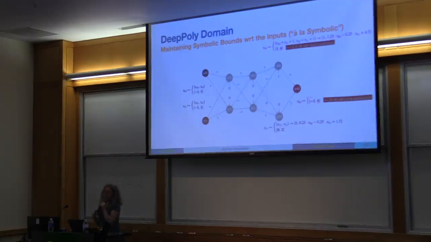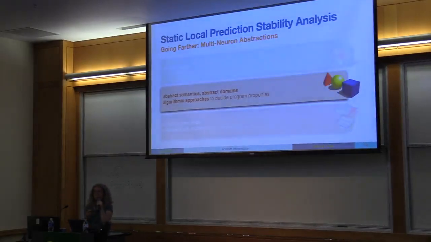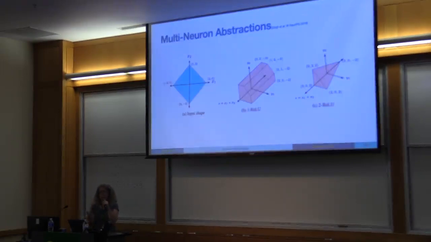Okay, in fact there are many more abstractions that people have proposed. I just mentioned one other option, which is, so far I showed you abstractions that only abstract values one by one. In fact, you can get more precise if you abstract values together in a way.